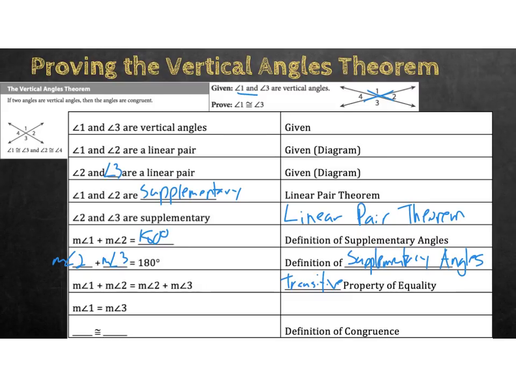If we're just solving, we would subtract measure of angle 2, and that is the subtraction property of equality.